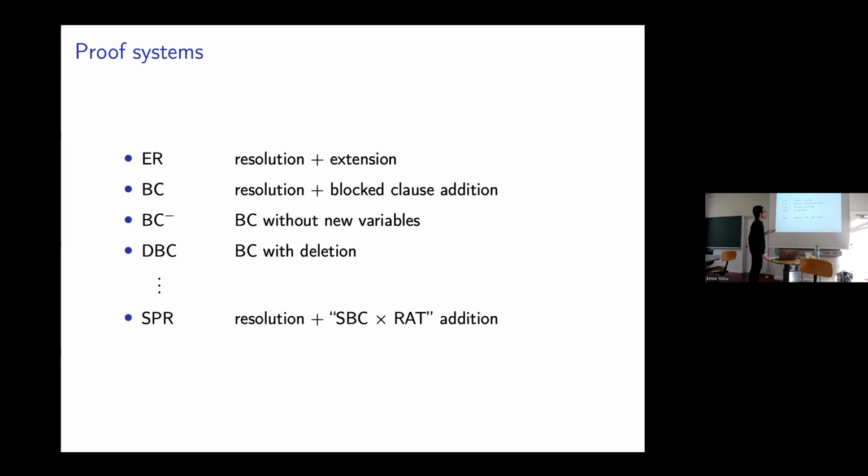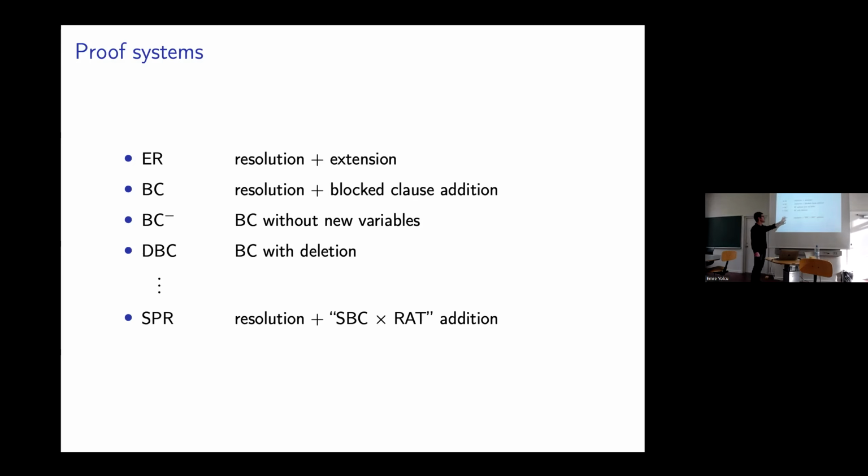And on top of that, they turn out to be quite strong. And they're between resolution and extended resolution. And then I have this notation, I prefix a proof system with D to indicate its variant with deletion. I could also have DBC minus, where I have both deletion and not the ability to introduce new variables.